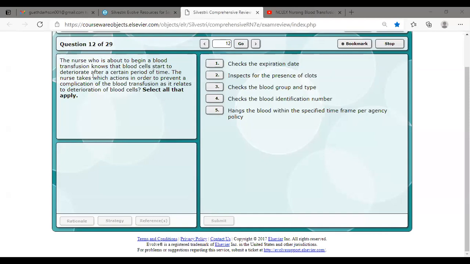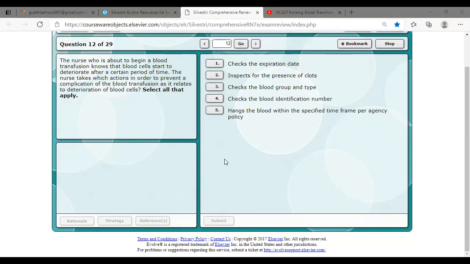So every blood cell has a particular timeline they can survive, and after that they will die. This is the information in this question. What next? The nurse takes which action in order to prevent a complication of blood transfusion as it relates to deterioration of blood cells?